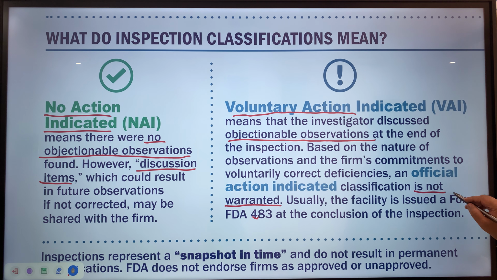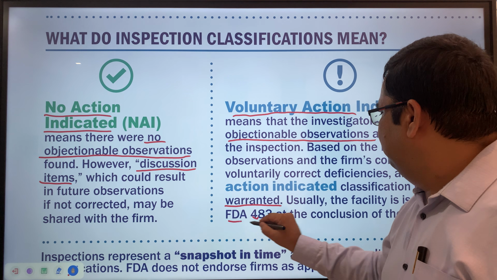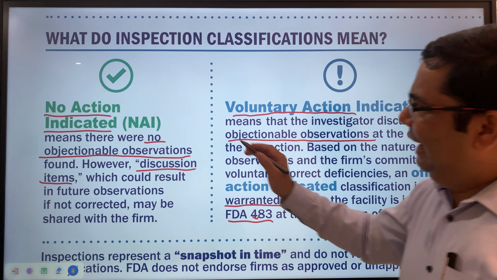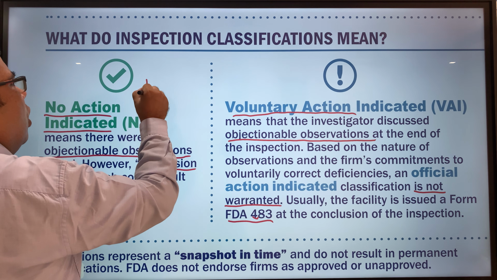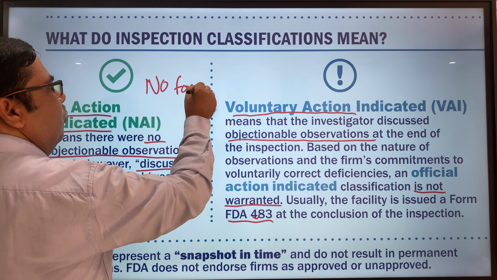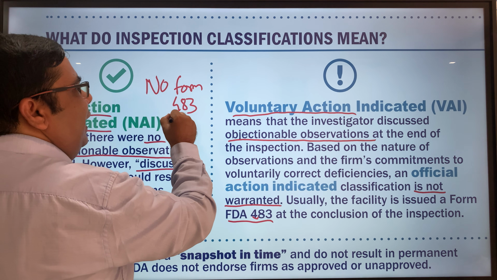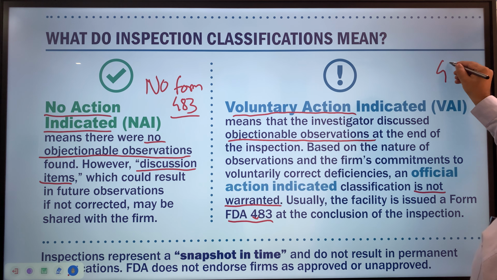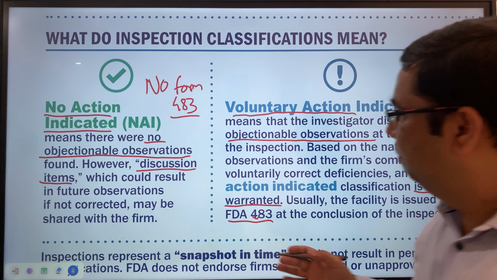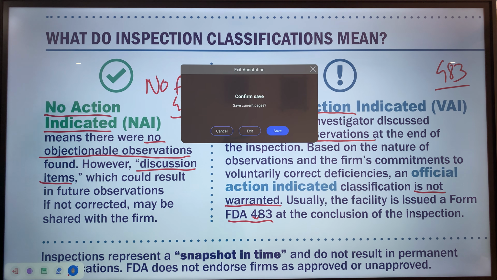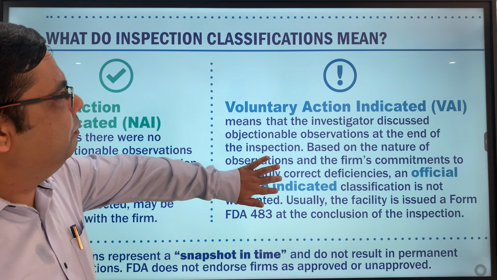Usually the facility is issued a form 483 at the conclusion of the inspection. So when there is an NAI, there is no form 483. While for VAI, the 483 form will be issued with the observations, right? This is the difference between NAI and VAI. Hope this much is clear.